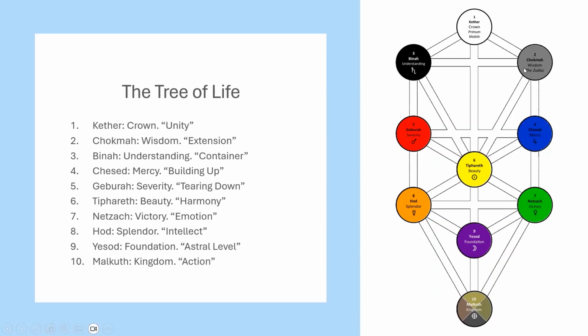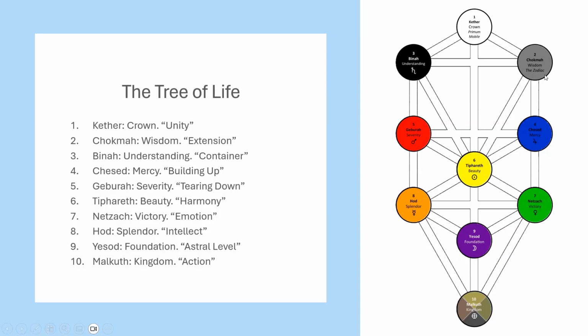So these are kind of a ladder or sequence of steps going from the closest we can conceive of to the divine and coming down through these layers into our manifest world. And so Keter means crown, and so it's closest to the divine, so we can think of it as unity. Chokmah, the second one, is wisdom.